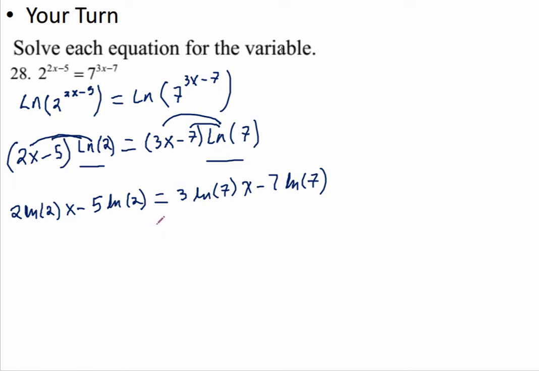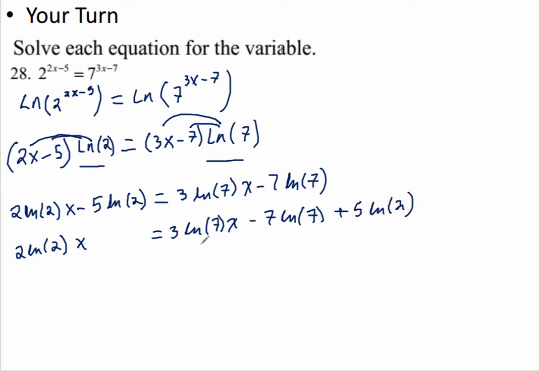So we're going to move those both to one side and get all the constants on one side and all the variables on the other side. So if I do that, it's going to be 2 ln 2 times x is equal to 3 ln 7 times x minus 7 ln 7 plus 5 ln 2.